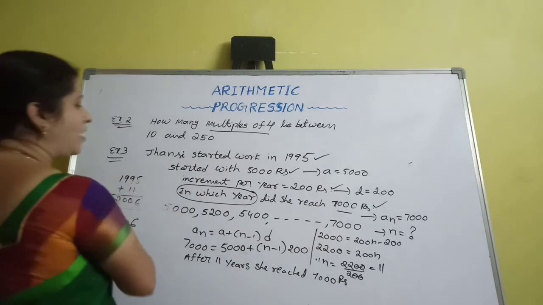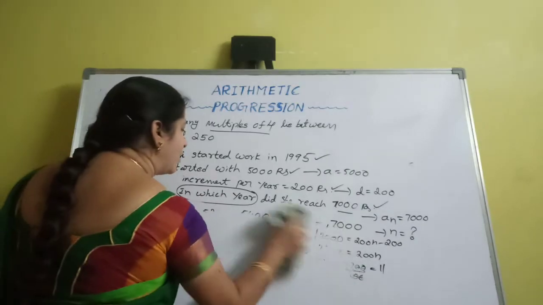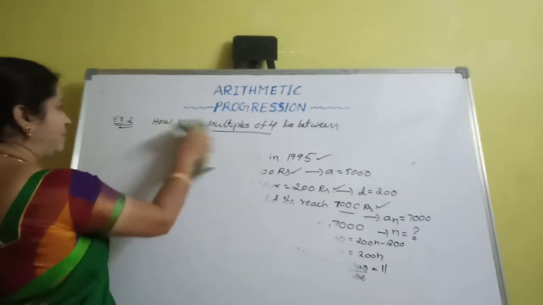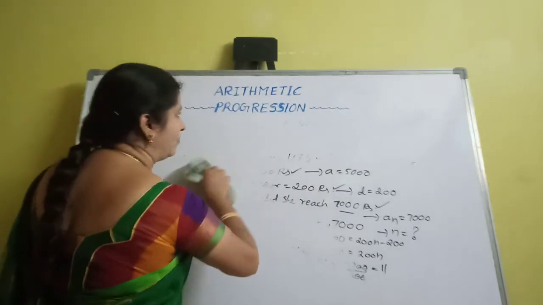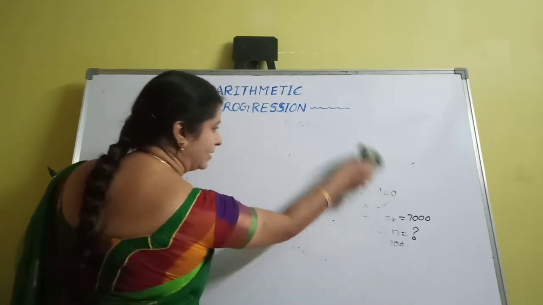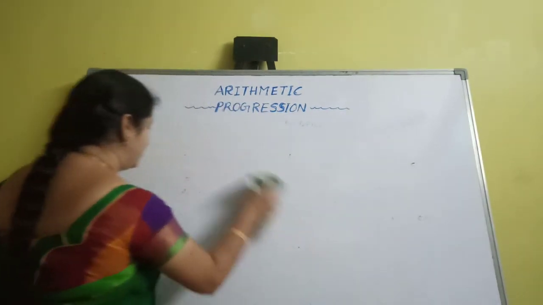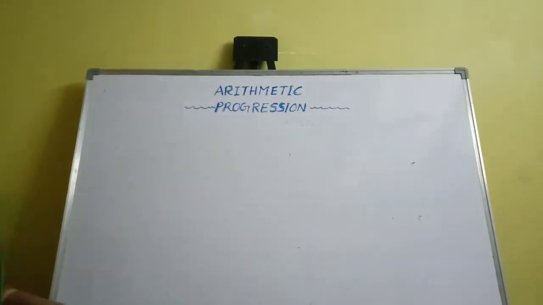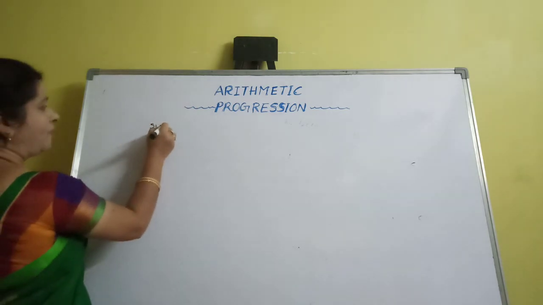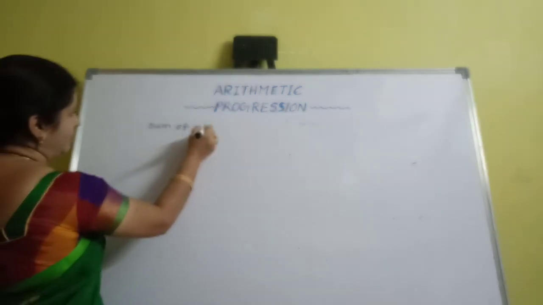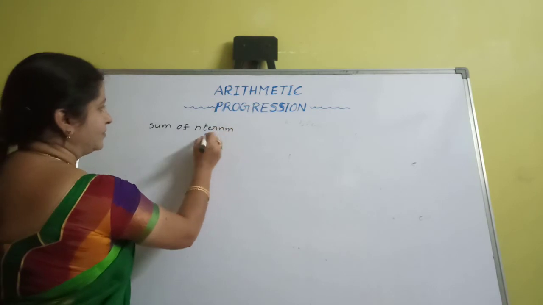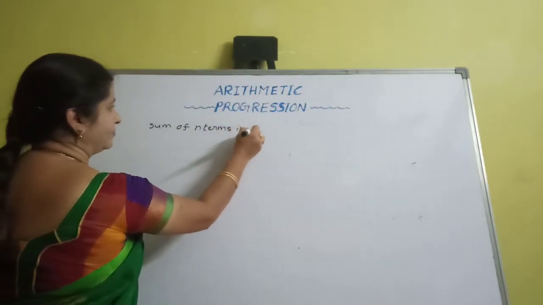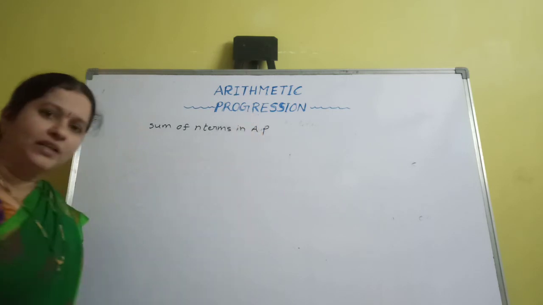So the last formula; there is another formula also in arithmetic progression that is also very important. What is another formula in arithmetic progression? Sum of n terms in AP. So that is the formula.